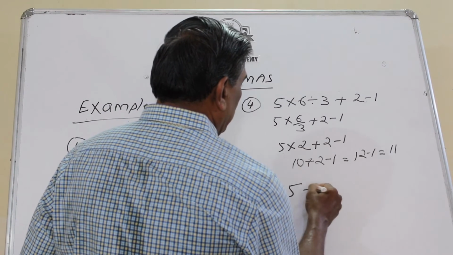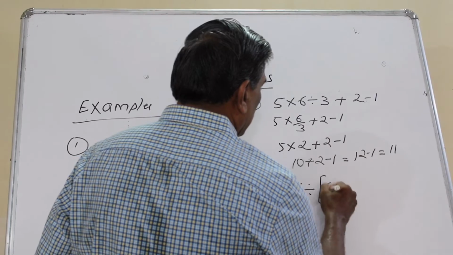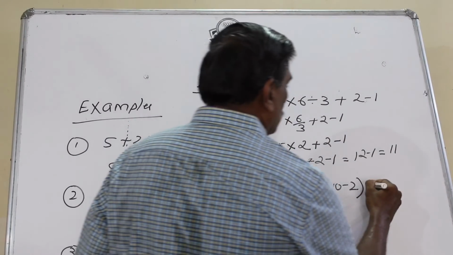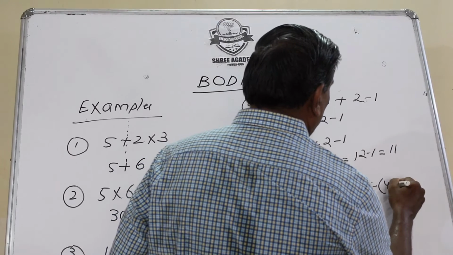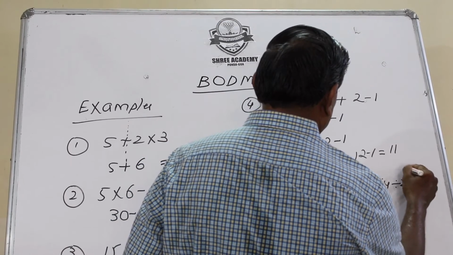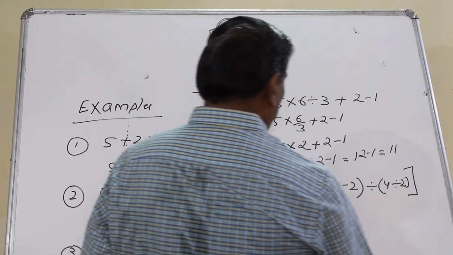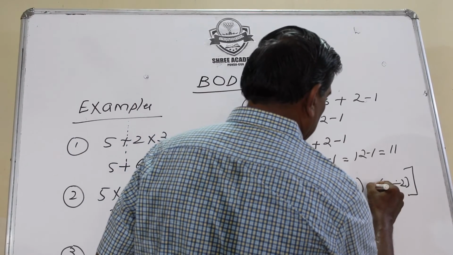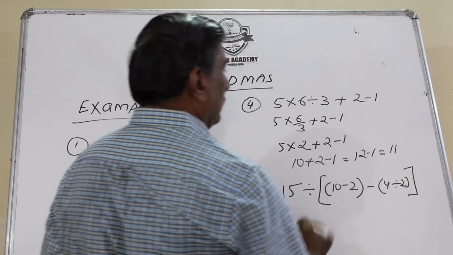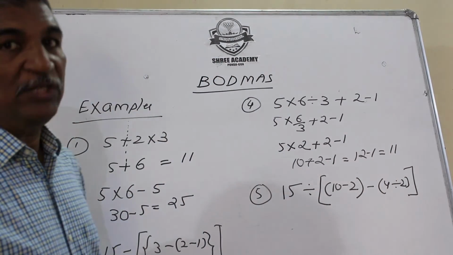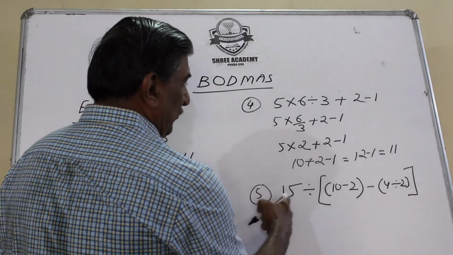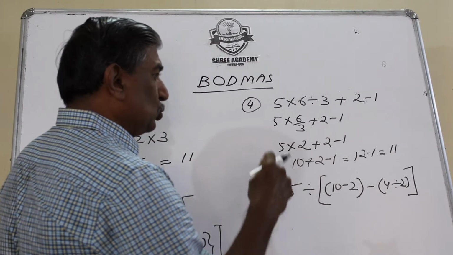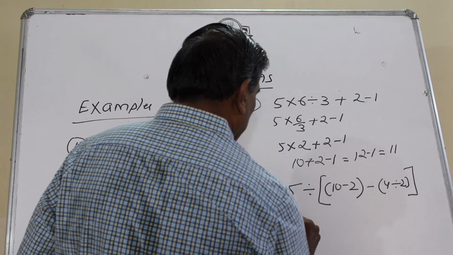Now 15 divided by 10 minus 2 minus 4 divided by 2. If I am giving this sort of sum, we will see what happens. Now this is 15 divided by, in square brackets, 10 minus 2 minus 4 divided by 2.